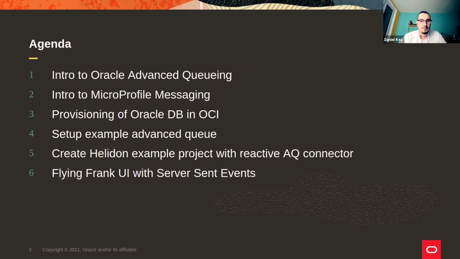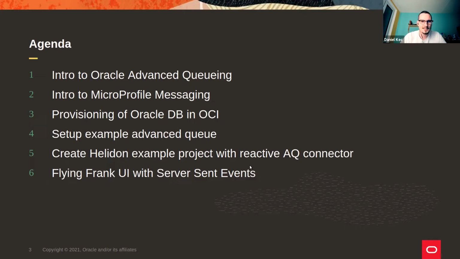And then we will start with the project itself. We will tweak the simple quick start project to use the Oracle AQ connector for reactive messaging, see a few things around the reactive messaging, and then we will add a simple UI with server sent events so we can see the asynchronous messaging visually. And I hope it won't be boring.